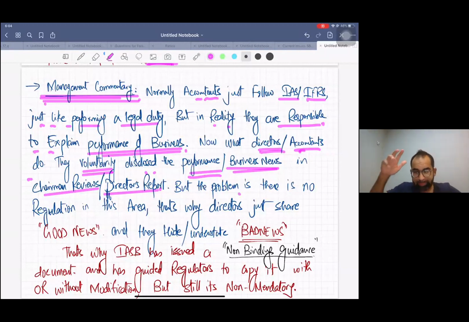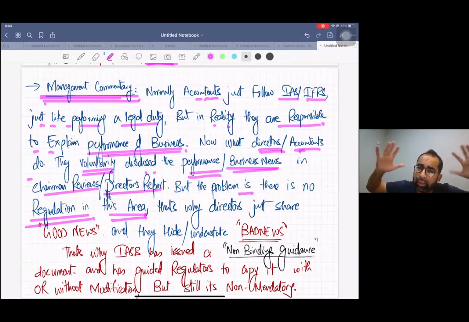Now, the chairman's review is a voluntary area. We write that area with our own wish, and normally there is no regulation on the director's report and chairman's review.